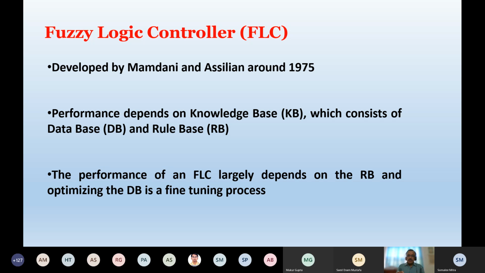Now, the rule base of the first student is such that he or she is in a position to answer all the questions. So all the rules are available in his fuzzy logic controller, or the head. But for the second student, some of the rules are missing.